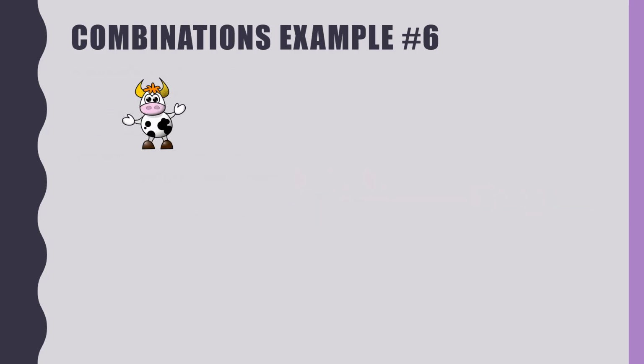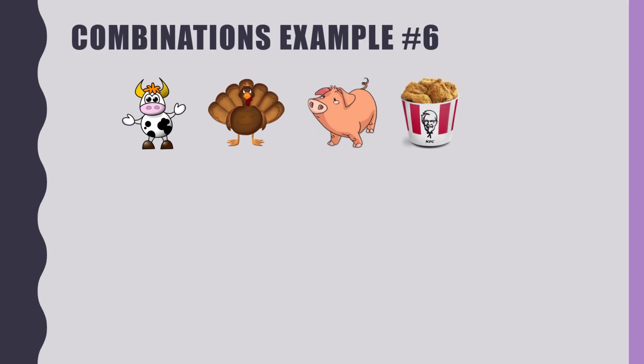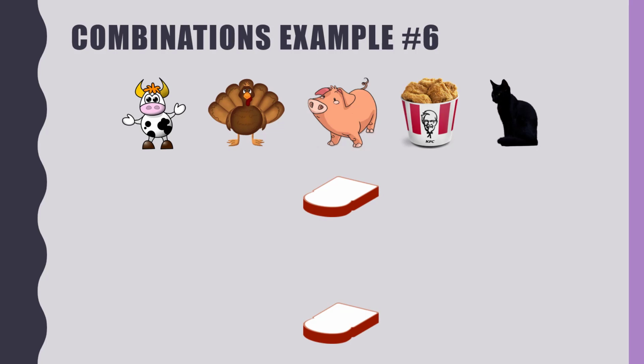So let's take a look at a little picture of this. We got some delicious meats here. We have some beef, some turkey, some bacon, some chicken, and whatever you think that is. Mystery meats. All right. Yeah, weird shaped pineapple. And here's our 2 pieces of bread. Okay.